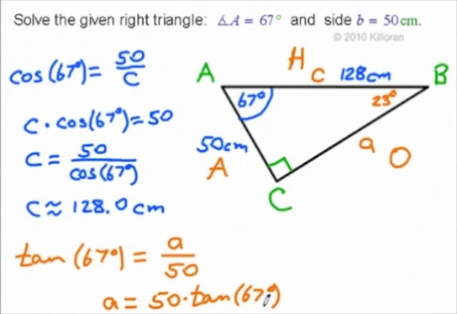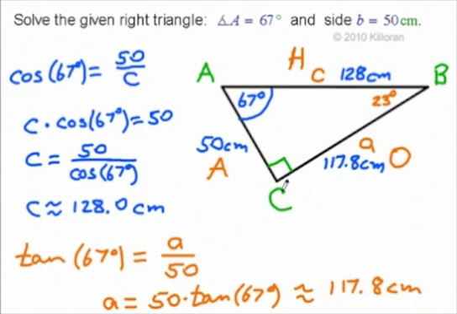And if we type that in our calculator, we're going to get approximately 117.8 centimeters. So the third side over here is 117.8 centimeters. And we've solved the right triangle.